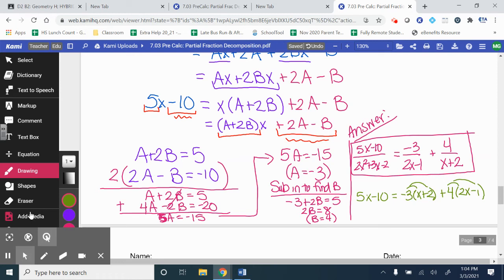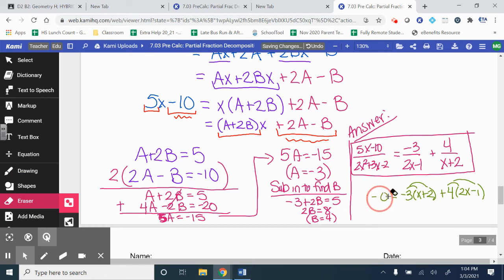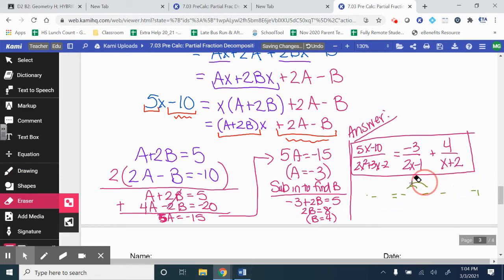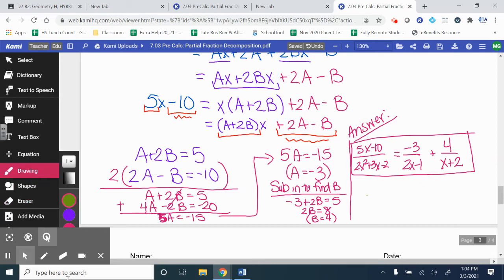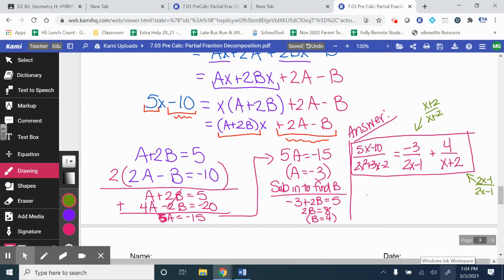Or another way you could do it is just combining your fractions on the right side. You could multiply this first fraction by x plus 2 over x plus 2, and multiply this second fraction by 2x minus 1 over 2x minus 1, and then add them that way. So then over here, it would be very similar to what I just had.